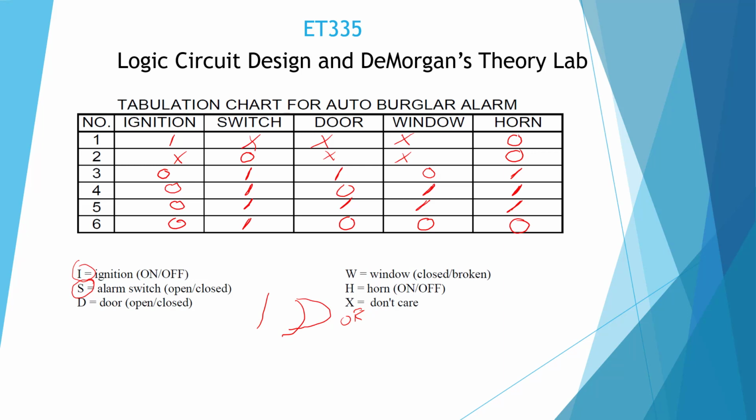So ignition and switch should be a control gate, either an AND or an OR, and probably the easiest thing to do would be an AND. That makes a real good control gate. And our door and window inputs should be an OR. That should help you with the circuit design.